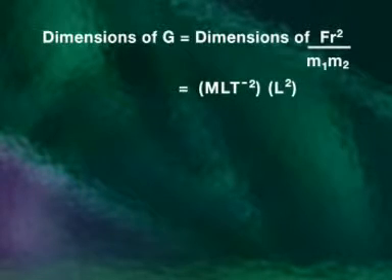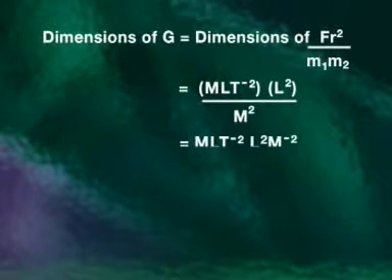This equals M L T^-2 times L squared divided by M squared.